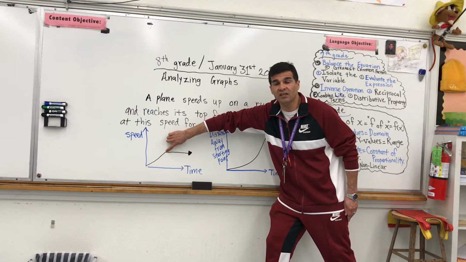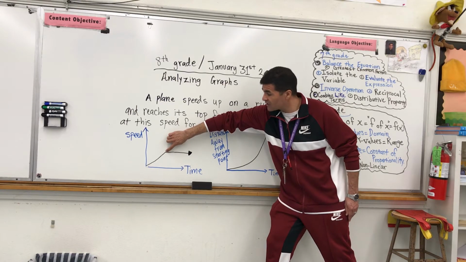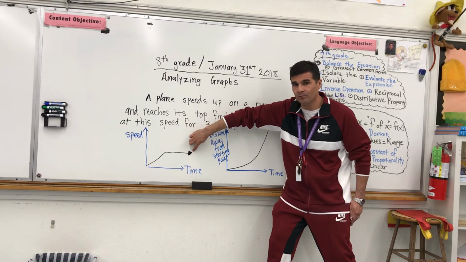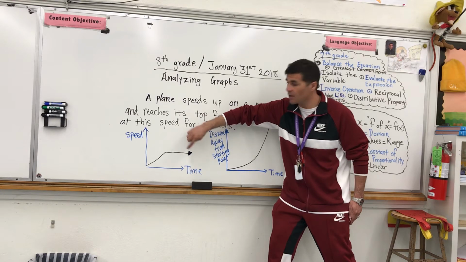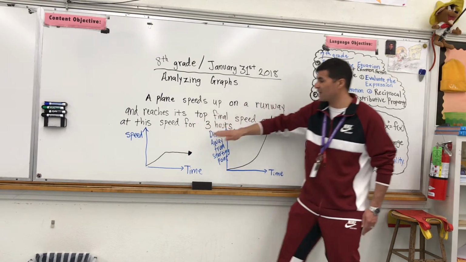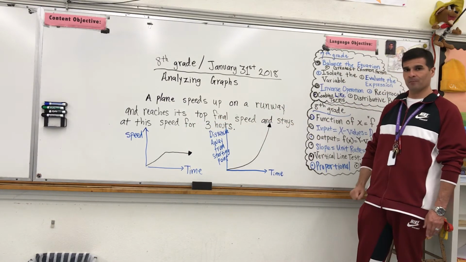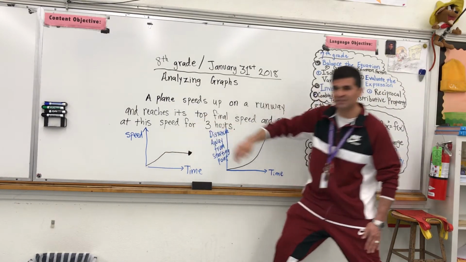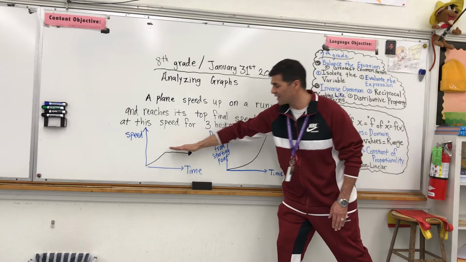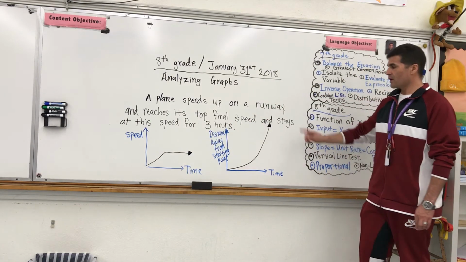It's going to reach its final speed. Time will keep on passing. Maybe 1 hour grows to 2 hours. Maybe 2 hours goes to 3 hours. But the speed of the plane stayed the same. This is why this is a flat line and the speed's not going up anymore. This line is totally flat.